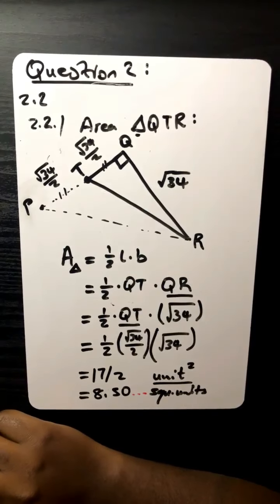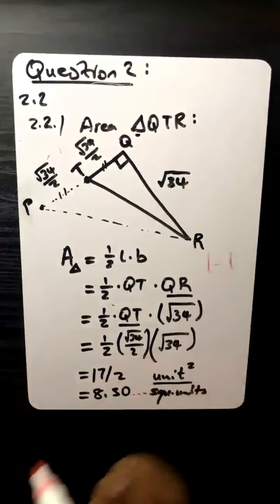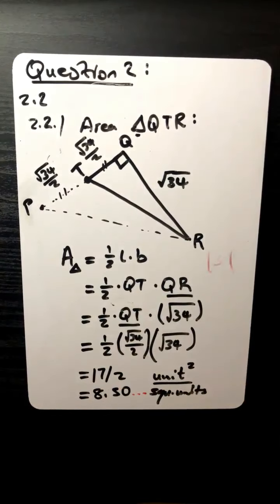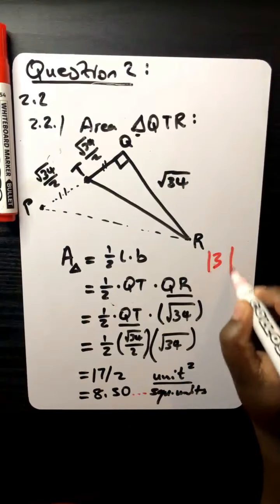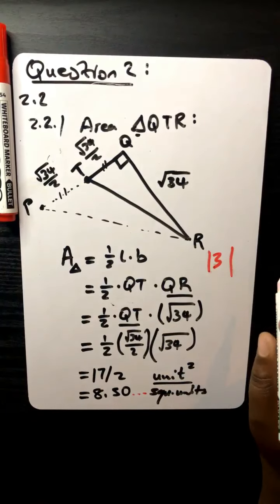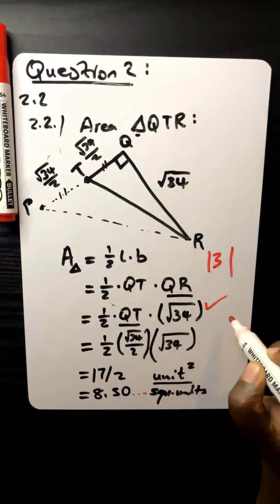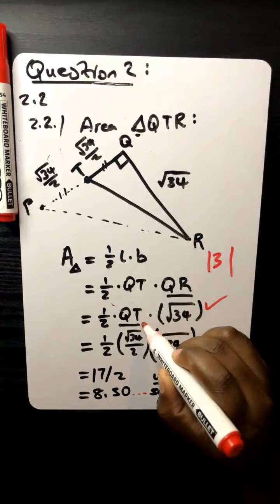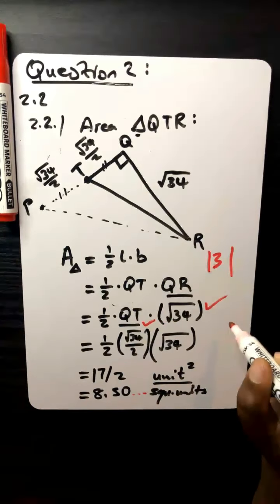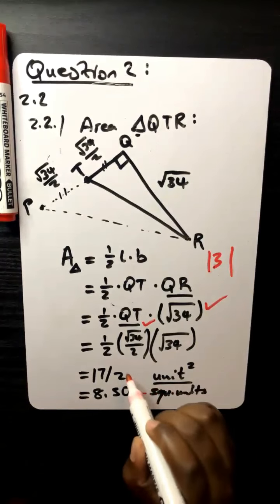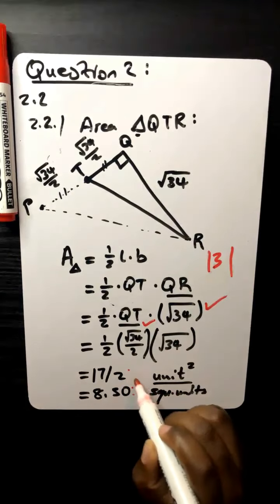I think this question was allocated 3 marks. Most importantly, guys, this is going to be given a mark. And for you to also notice that you divide it by 2, they give you a mark. And again, either this or that, they are going to give you a mark.